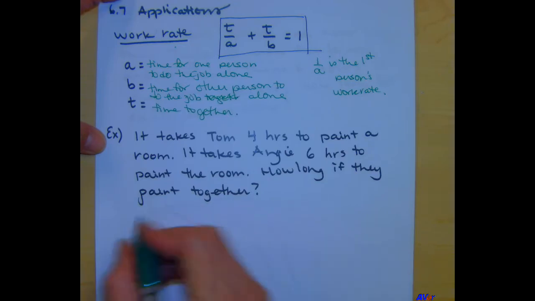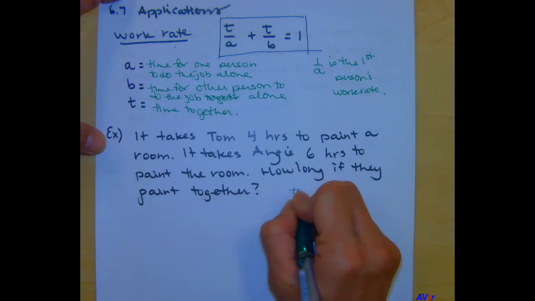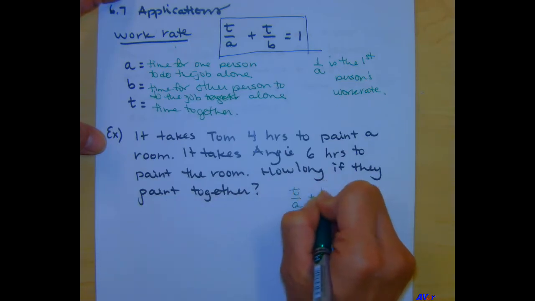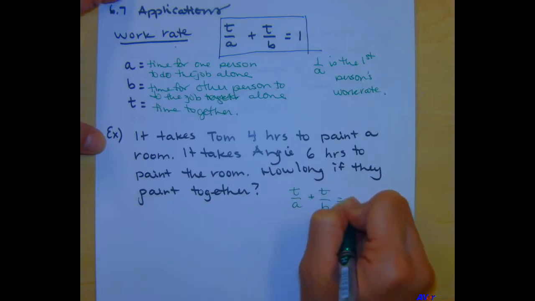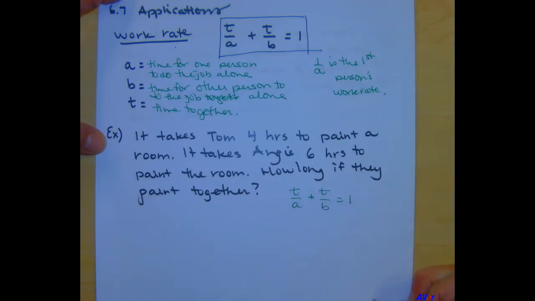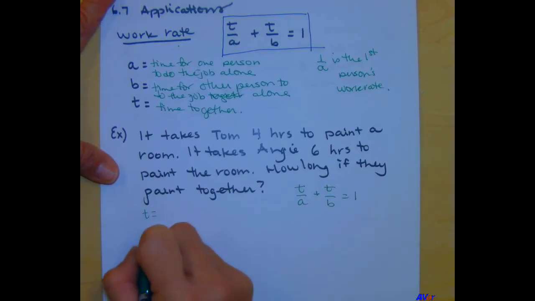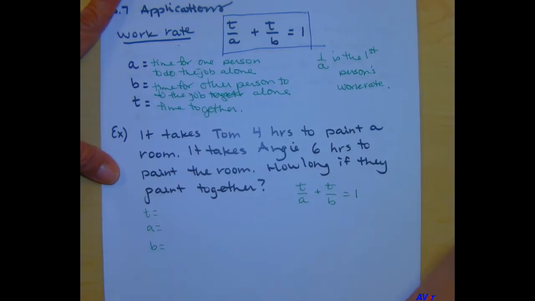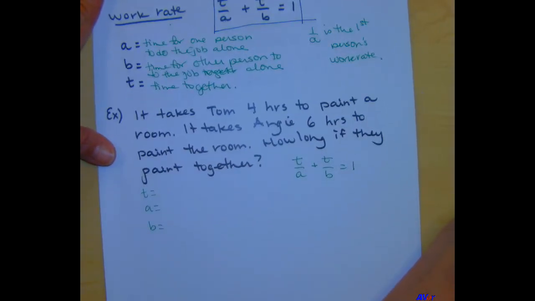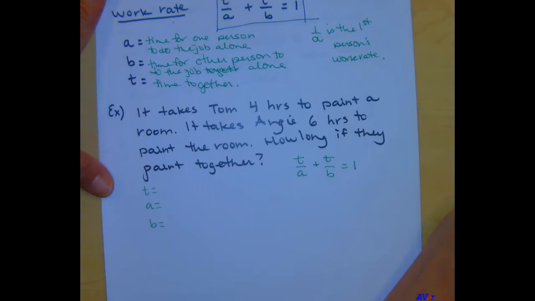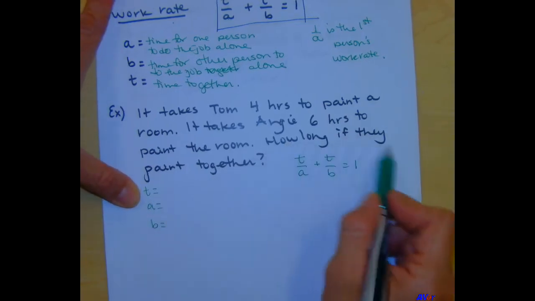Okay. So what I usually do with word problems, if I recognize what formula it is I'm supposed to use, I write it down, because then I know what numbers I need to find for the letters. My formula has 3 different variables in it, T, A, and B. T is the time together.